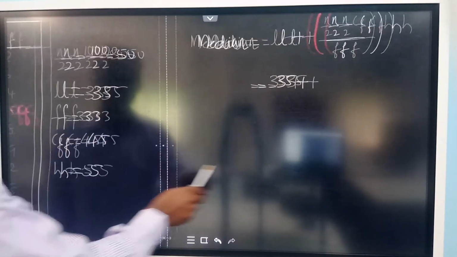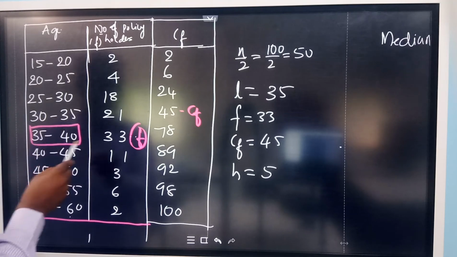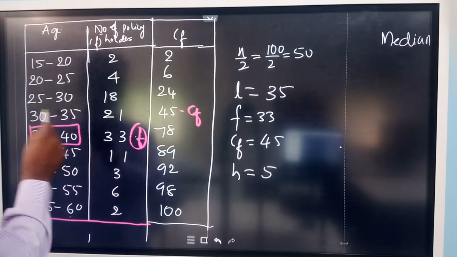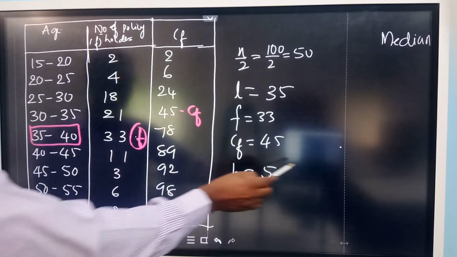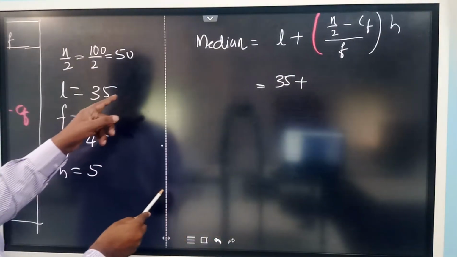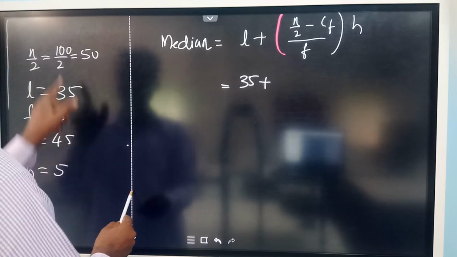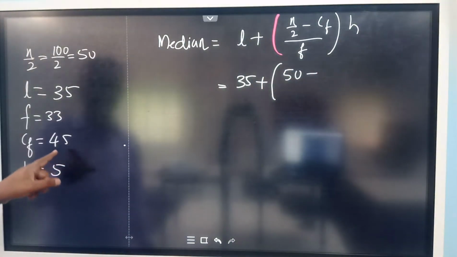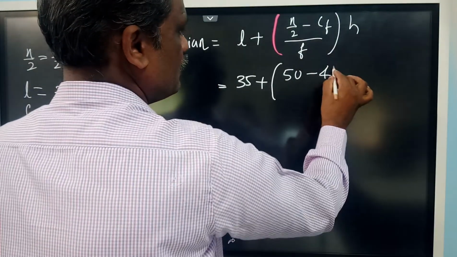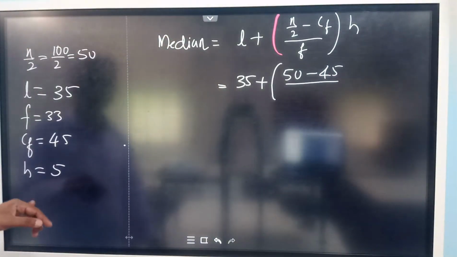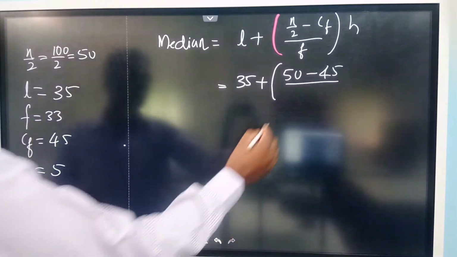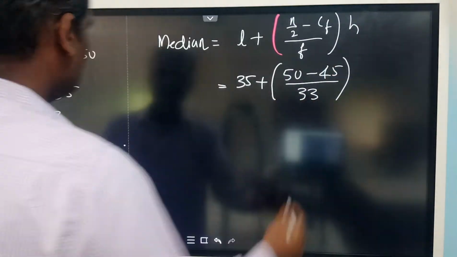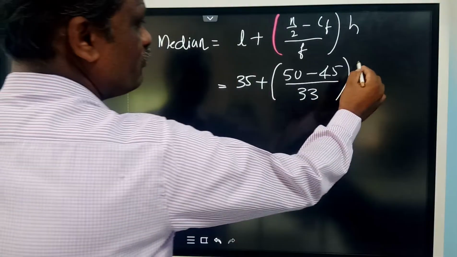So the lower limit is equal to 35, by looking at the median class. Corresponding frequency f, and the previous class interval's frequency, that is the cumulative frequency, you substitute. So 35, n by 2 is already done, it is 50, minus cumulative frequency 45, divided by the frequency of the median class, 33, into the size of the class interval, 5.